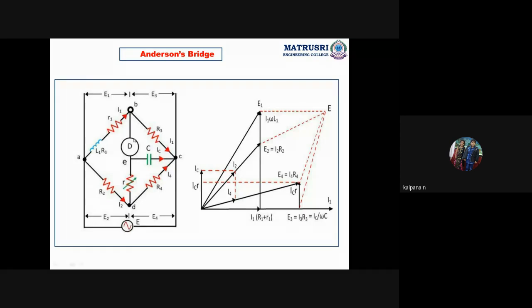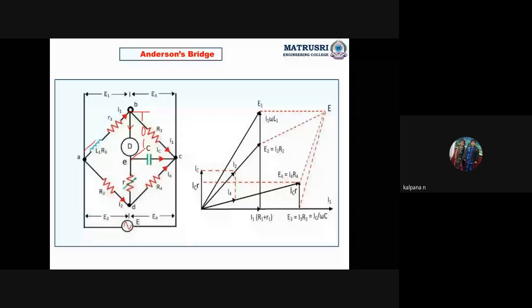First, the current flowing through the detector, that is the DE branch, should be zero. And the voltage drop across BE should be zero. That means the voltage drop across R4 is equal to the voltage drop across R3 and C. Like that we need to do.